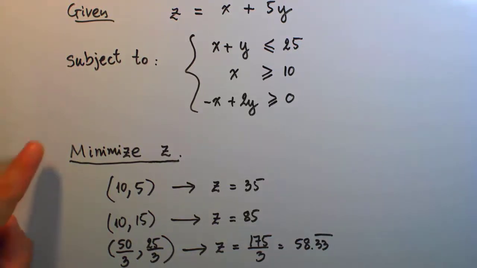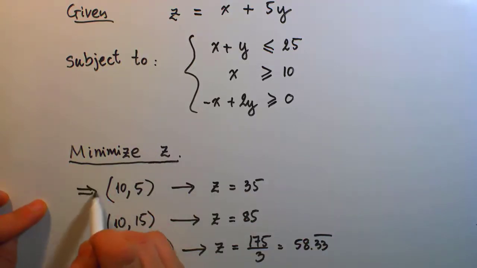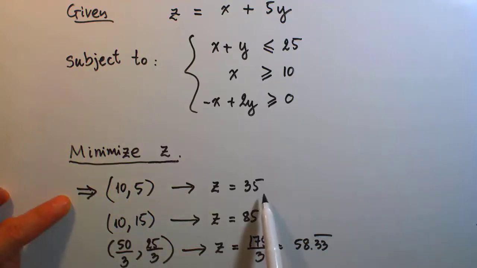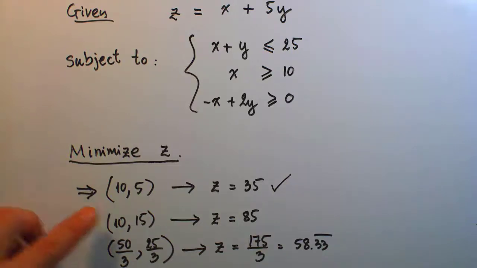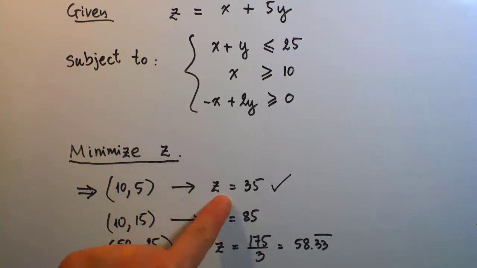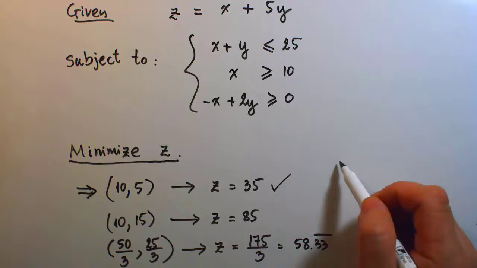And so now our search is to find among these corner points which one of our values of z is the lowest this time. Having the complete list here, you can see that we reach our lowest value of z when z equals 35. And it happens at the pair of values x equals 10 and y equals 5.